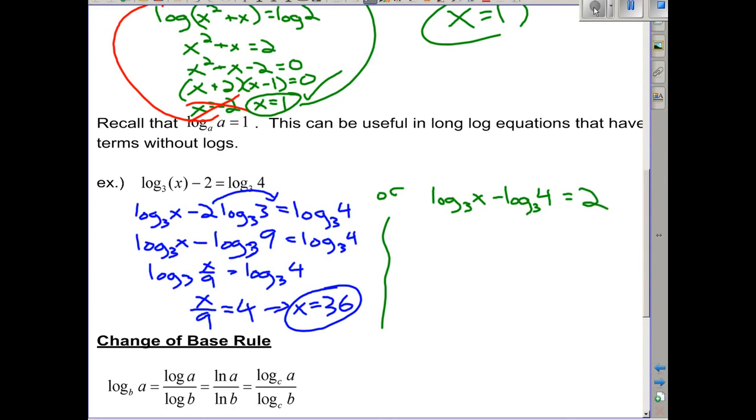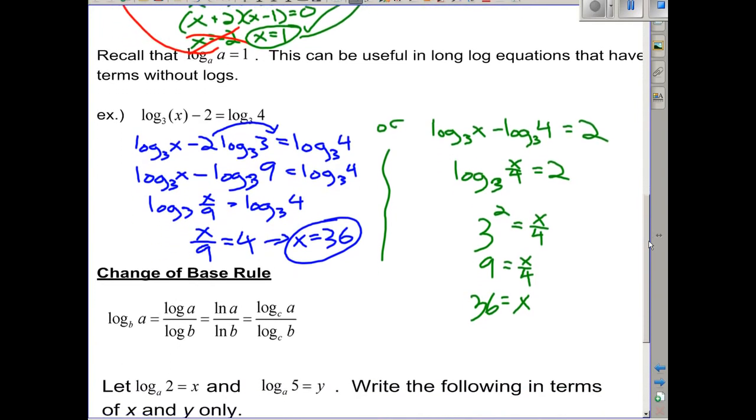I can put these together as log base 3 of x over 4, and then treat it like one of those short logarithmic equations. Put it in exponential form. So I have a base of 3, a power of 2, and a result of x over 4. That gives me 9 equals x over 4, which still gives me x equals 36. Either approach would be fine.